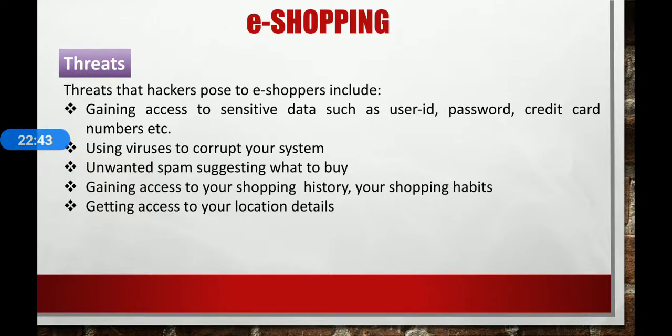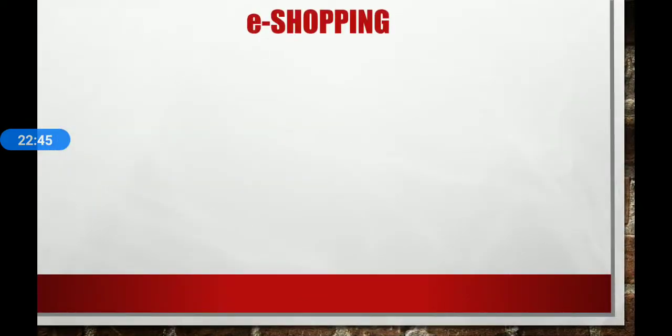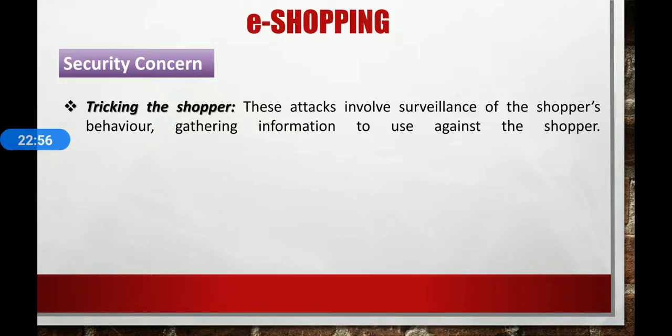Now next is security concerns. Here, first one, tricking the shopper. The most common security concern is tricking the shopper, also known as the social engineering technique. This attack involves surveillance of the shopper's behavior, gathering information to use against the shopper.